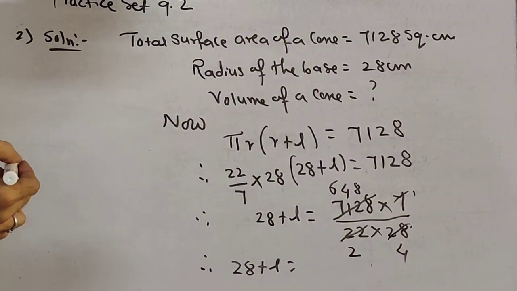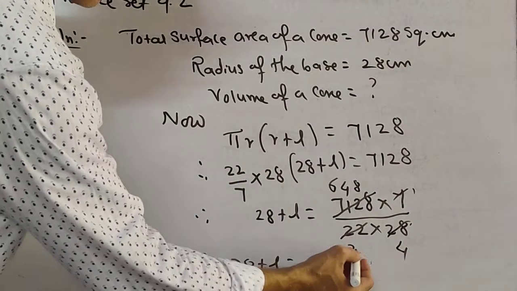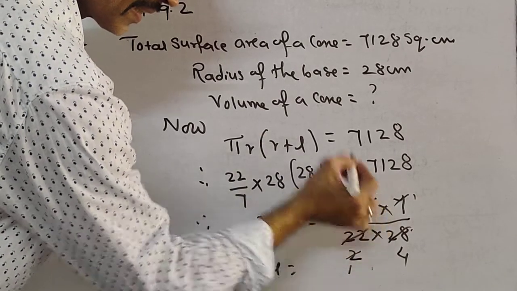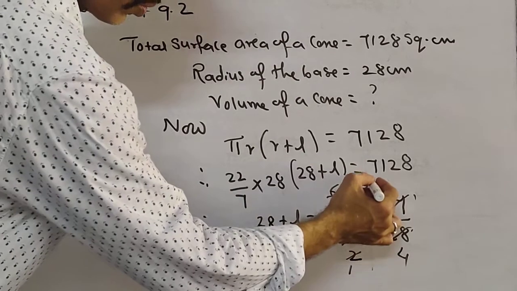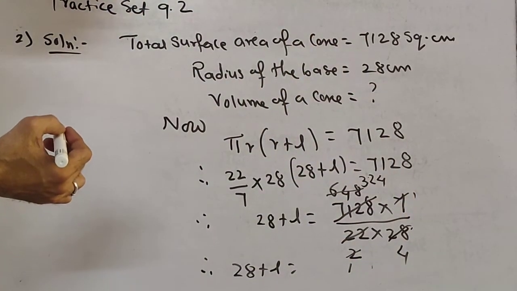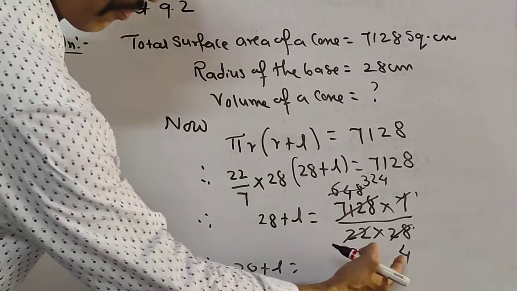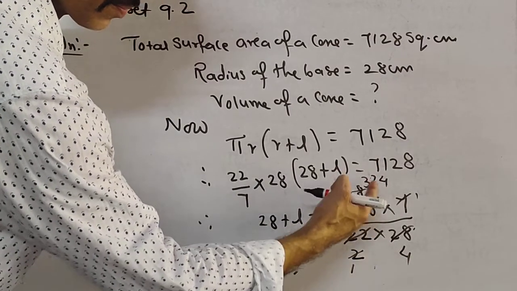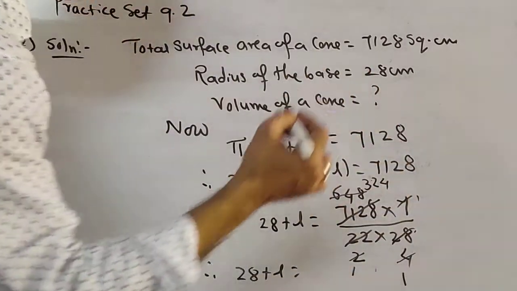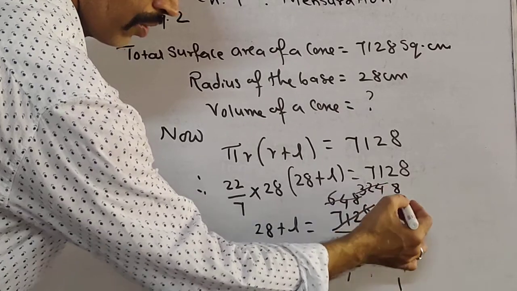Now what you will do? You will divide by again 2. 2 1s are 2, 2 3s are 6, 2 2s are 4, 2 4s are 8. Then you will divide by 4. 4 is remaining here. 4 1s are 4, 4 8s are 32, 4 1s are 4.